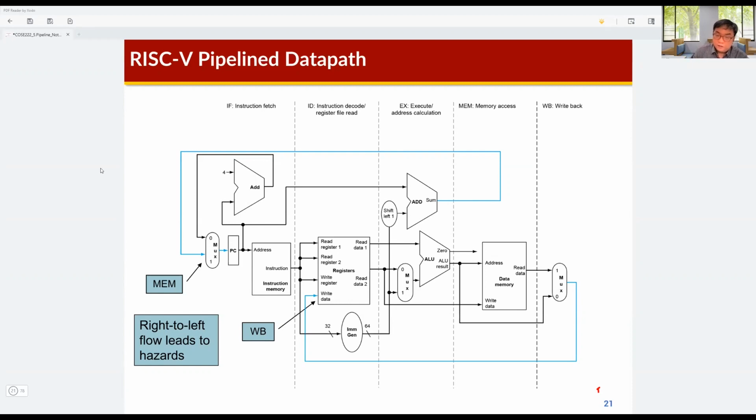Then in execution, the ALU is used for performing R-type instructions or address generation of memory instructions. In the memory step, the data memory is accessed, and the result of the instruction is written back to the register file in the write back step.